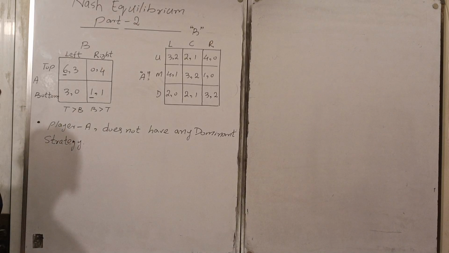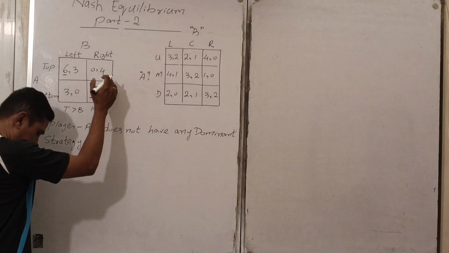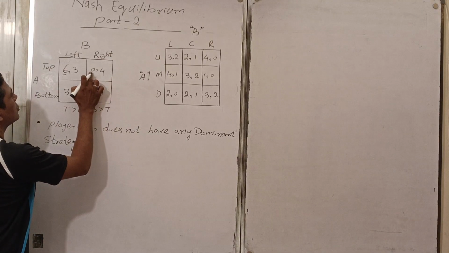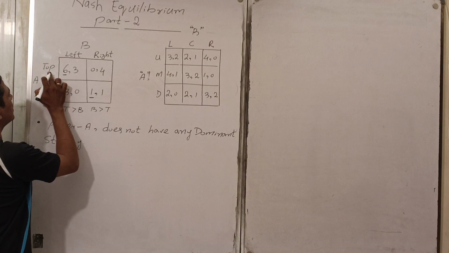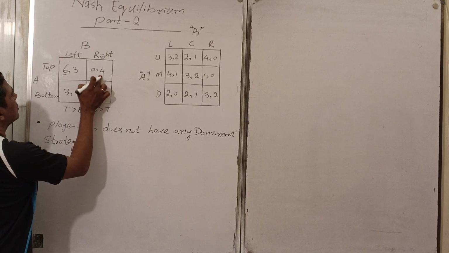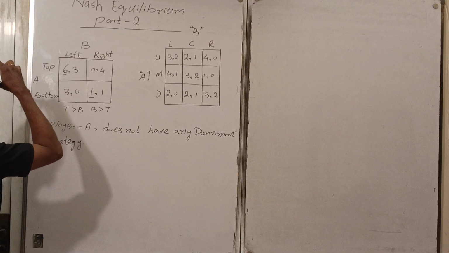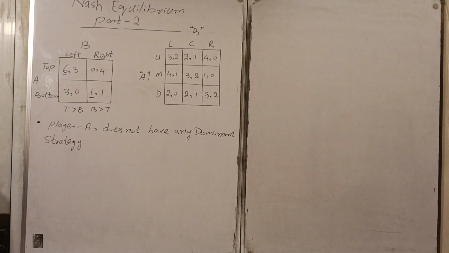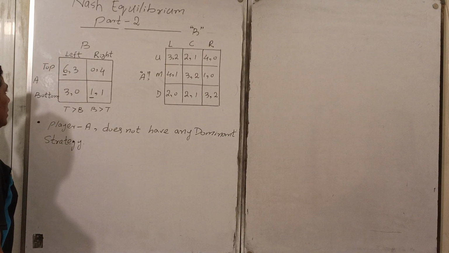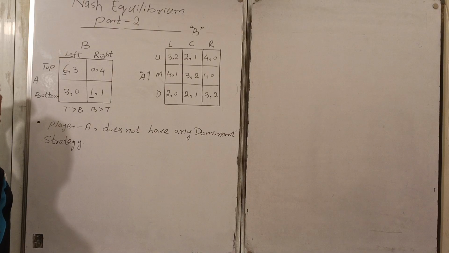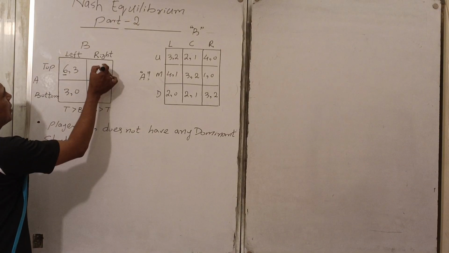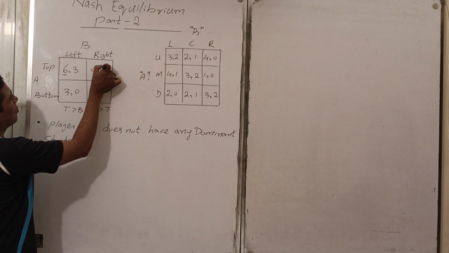And look now at player B, which is the column player. So for the column we move here. Which one is better? Given the condition that A selected top, what choice can B play? B is better in case of right.